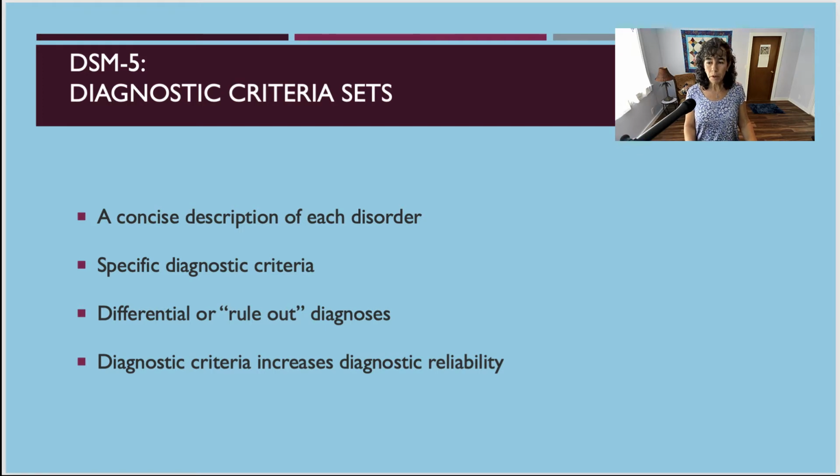So, for example, if we are seeing a person that's psychotic, right, we might think about schizophrenia, and they may in fact have schizophrenia, but they also might be taking drugs and have psychosis that's related to drug use.